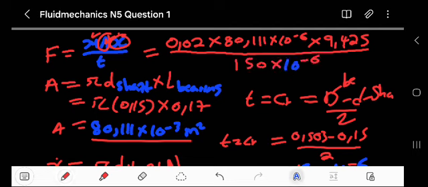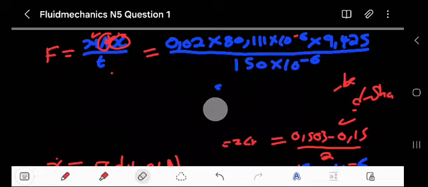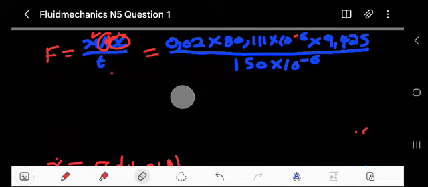So if we punch this, we'll typically have the force. These are the necessary steps we're supposed to take. If we punch there, we'll get the force.